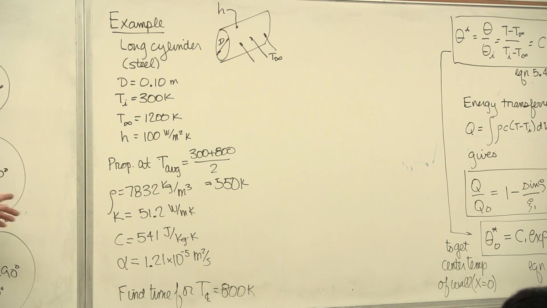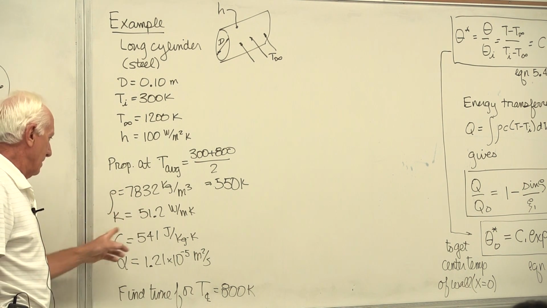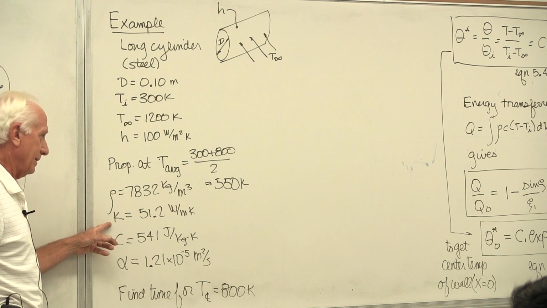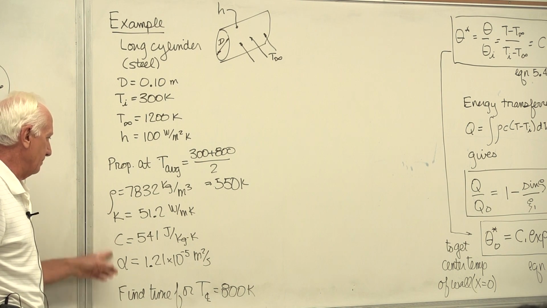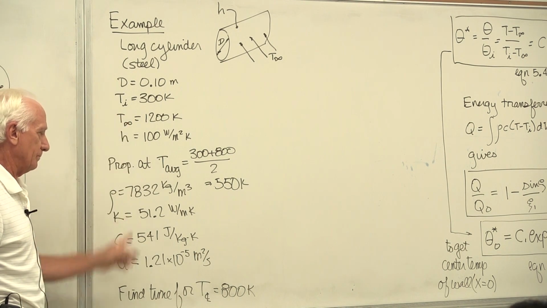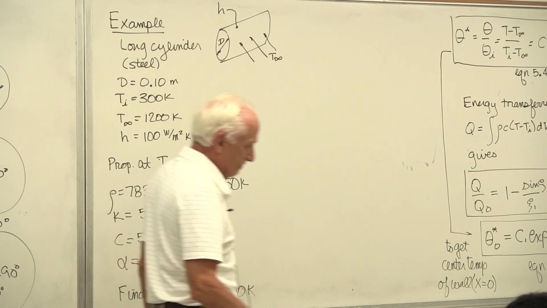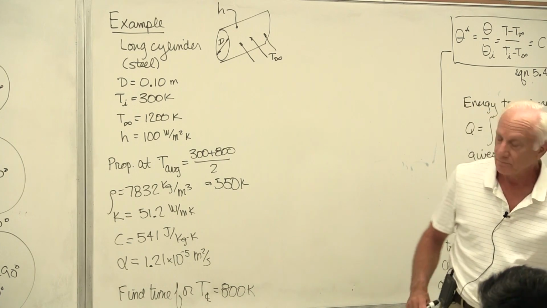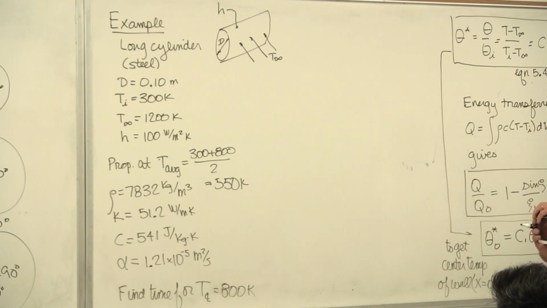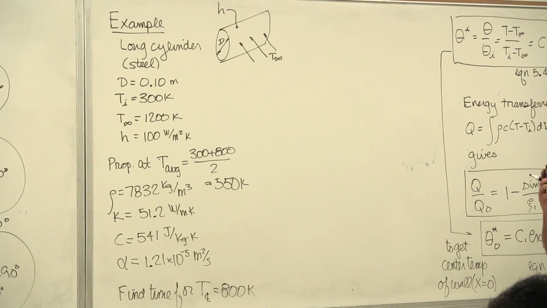The density's not going to change. There's only one density. But these three will. k will change, c will change, alpha will change. So back of the book, with the kind of steel you got, find out what those values are. This is carbon steel, by the way. Okay, now, next step, of course, Biot.